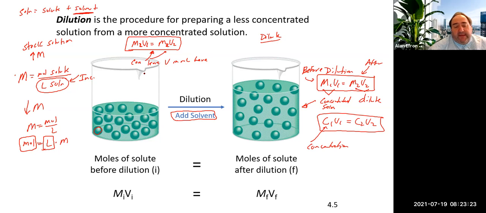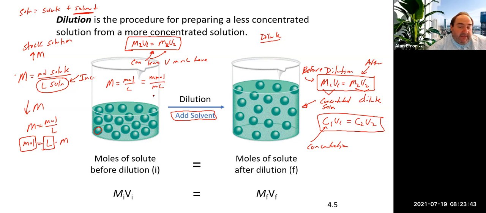The reason for that is, as I might have mentioned when we talked about molarity, it is really moles per liter. That definitely is what molarity means. It could also take the definition of millimoles divided by milliliter.